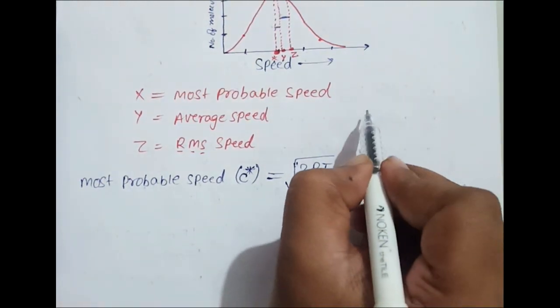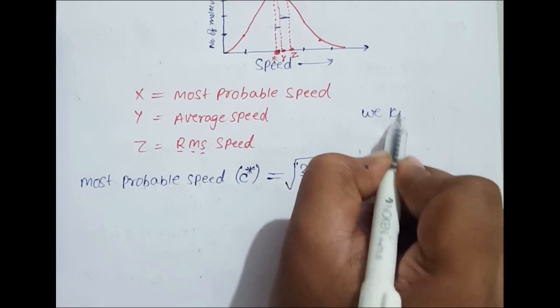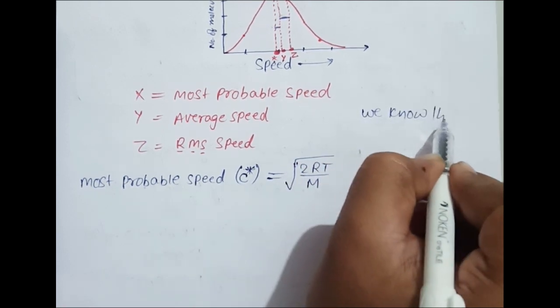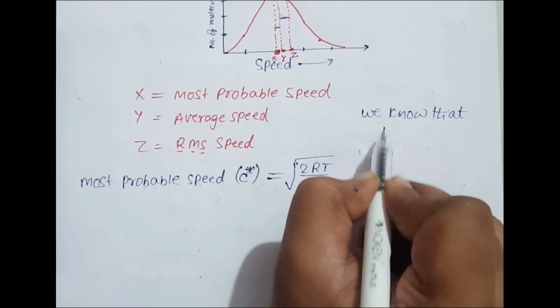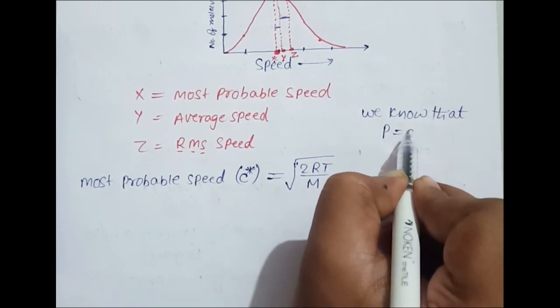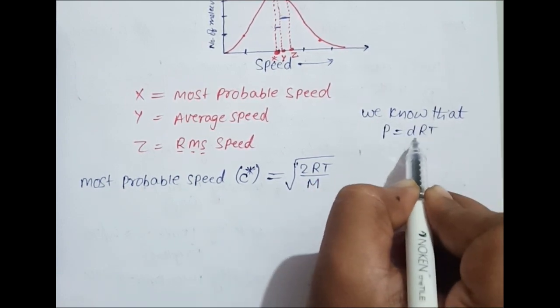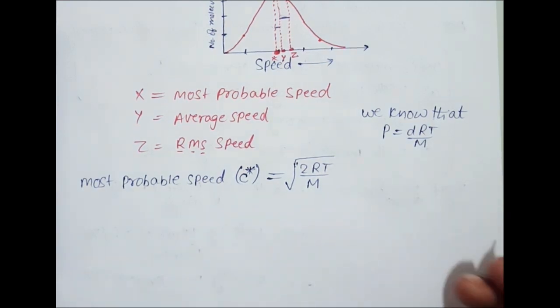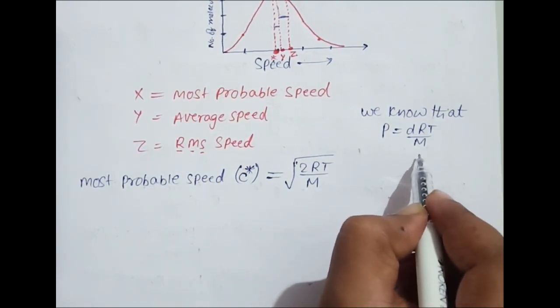Now, we know that we have studied the relation between pressure and density. So pressure is equal to dRT over M. From that, what can you write?